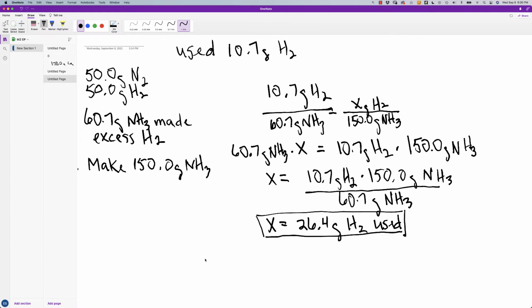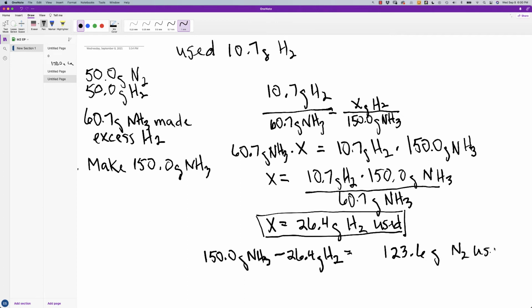Now, they wanted to know if we made 150 grams of ammonia, how much of each reactant. We just discovered that we used 26.4 grams of hydrogen, so we subtract that from our 150.0 grams, and that gives us 123.6 grams of nitrogen used.